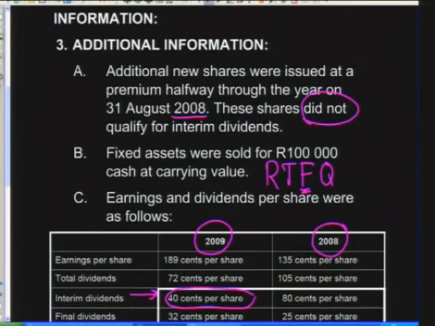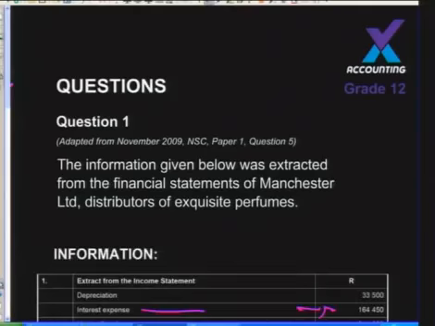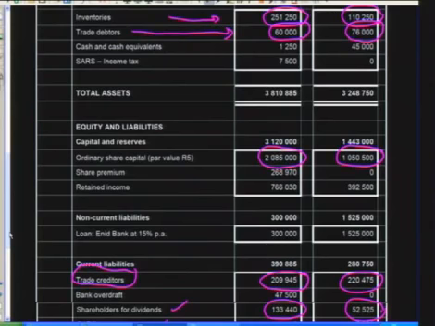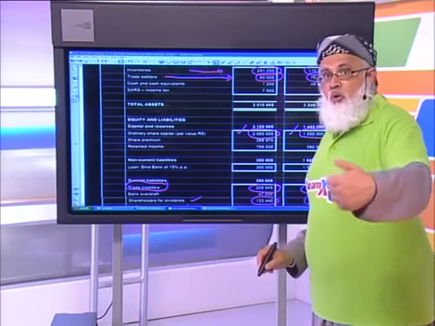So immediately you know that looking at my ordinary share capital, I cannot work with this amount here any longer. What do I need to work with? I need to work with this figure, which was prior to me issuing more shares.